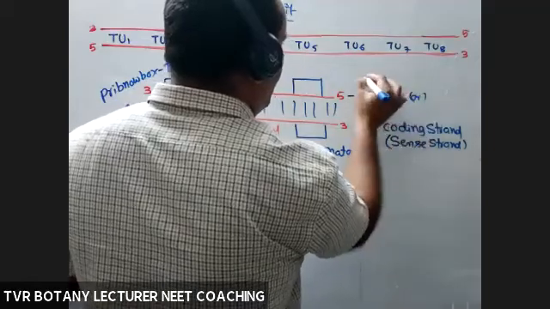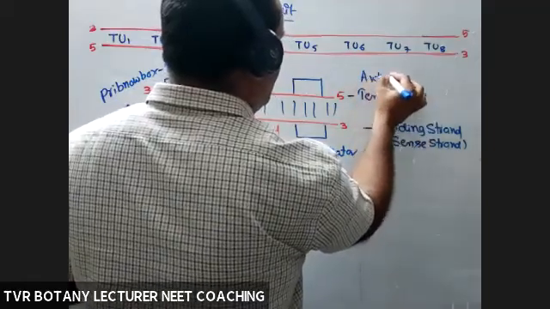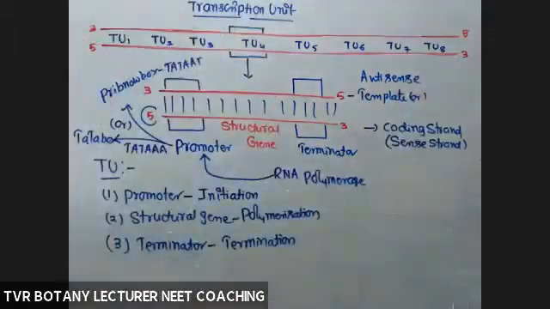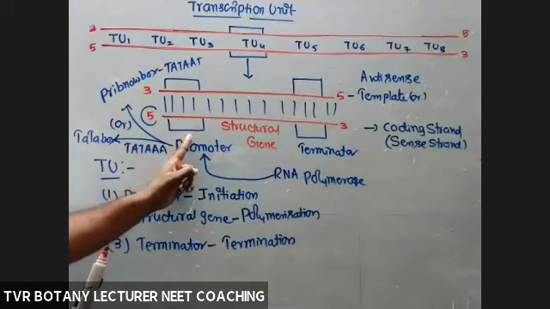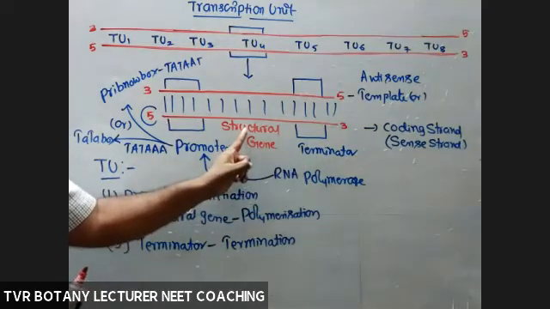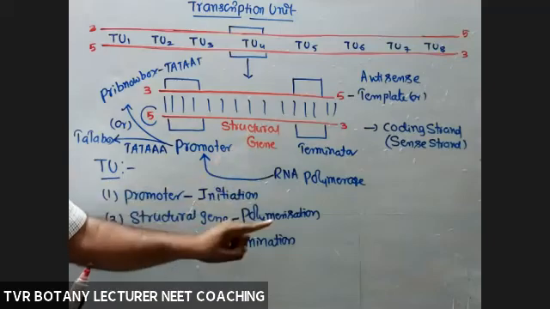Now the opposite strand is called the template or antisense strand that really codes for transcription, formation of mRNA, tRNA, ribosomal RNA to synthesize a protein. So this is for initiation, this is for termination, and this is for synthesis of a protein.